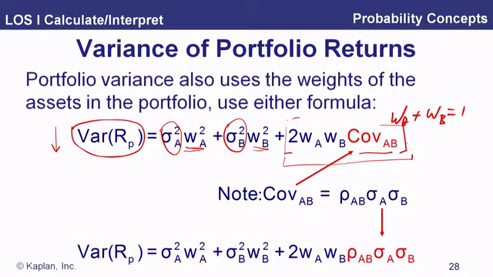Now, you may have occasion to use it in this form, but we'll also see this equation in another form. And the other form is we substitute in for the covariance. Well, remember, we had correlation equals the covariance over sigma A, sigma B. So this is the covariance AB and the correlation AB.